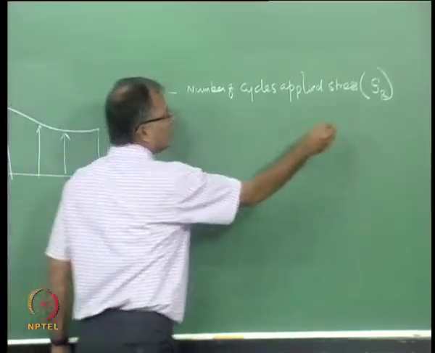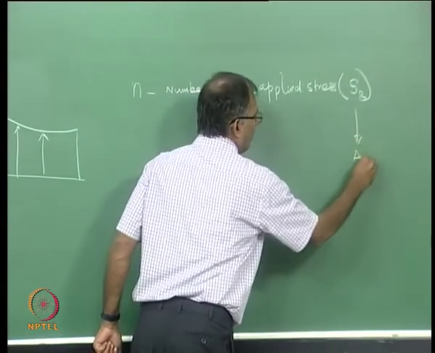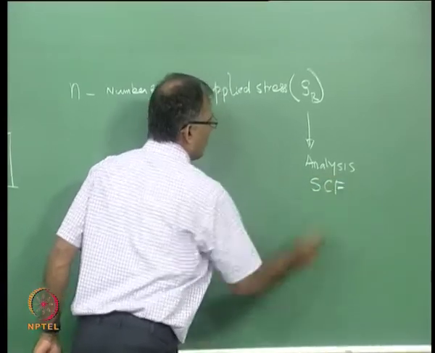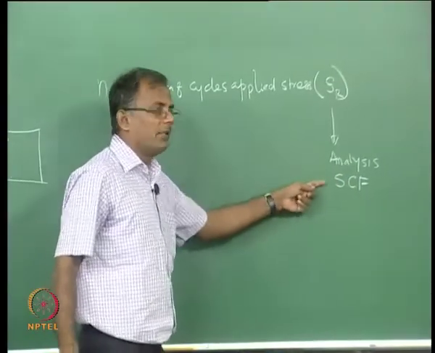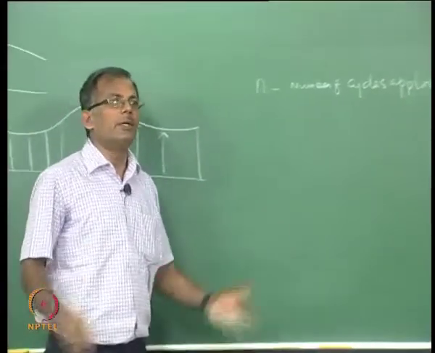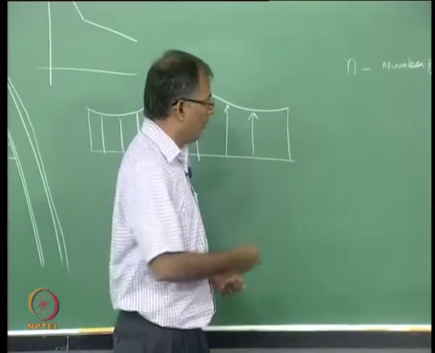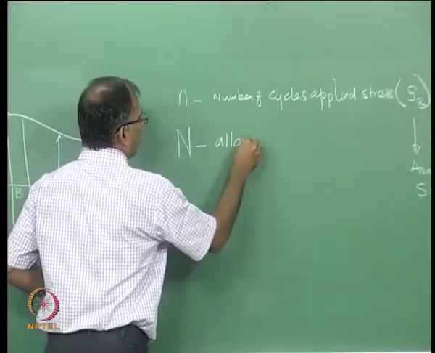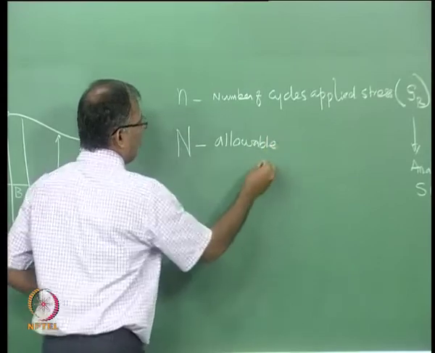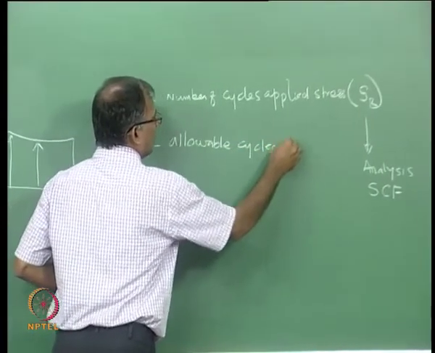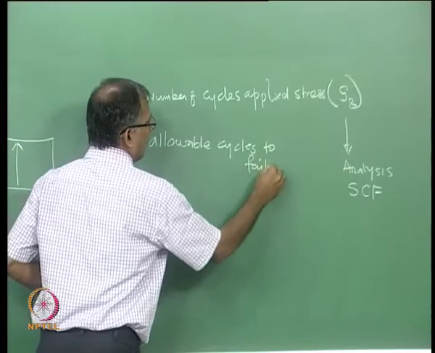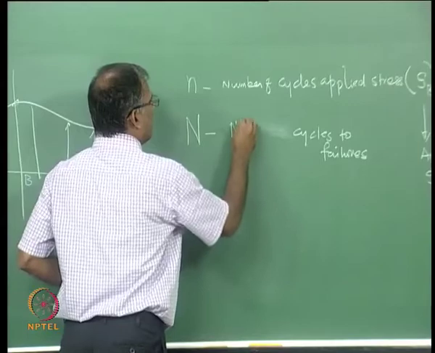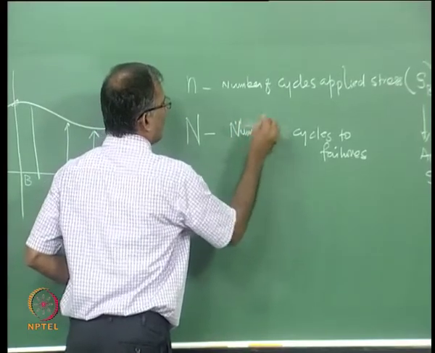These 2 values come from your analysis: the analysis is done by you, the SCF is given by the SCF parametric equations from the code. Then the number of cycles to failure, allowable cycles to failure, or you can say number of cycles to failure, that will be better.